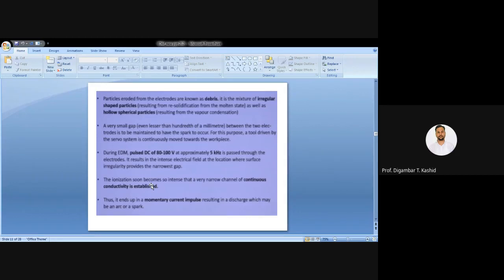For this purpose, you have to drive your tool towards the workpiece. The tool is driven by some system or mechanism, which is called the servo system, and it continually moves your tool towards the workpiece. So the tool is fed towards the workpiece by using the servo system.